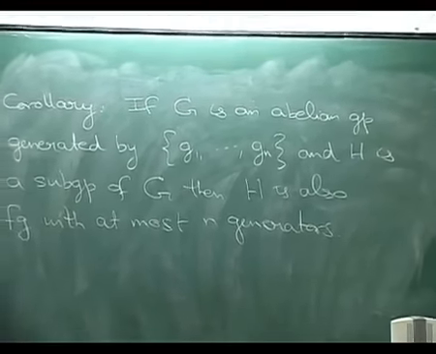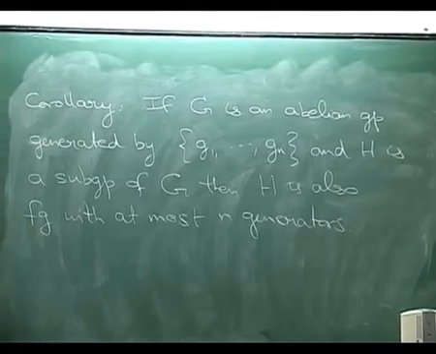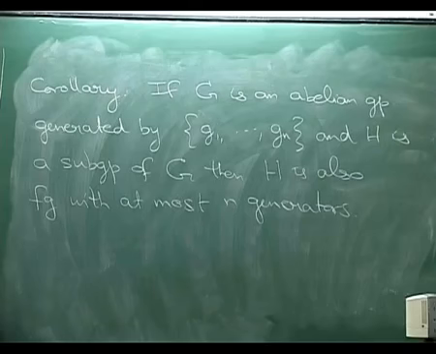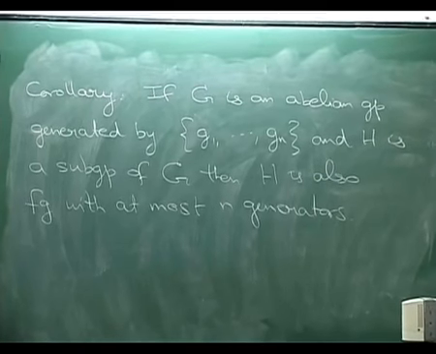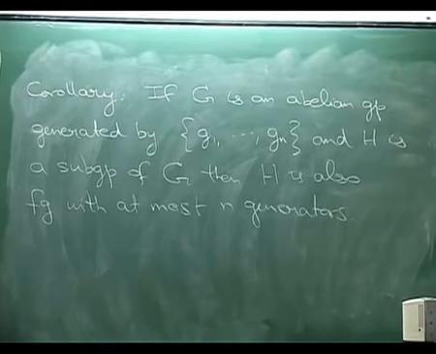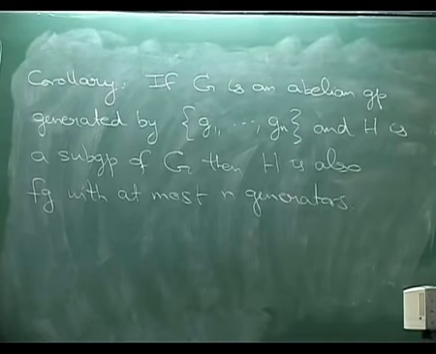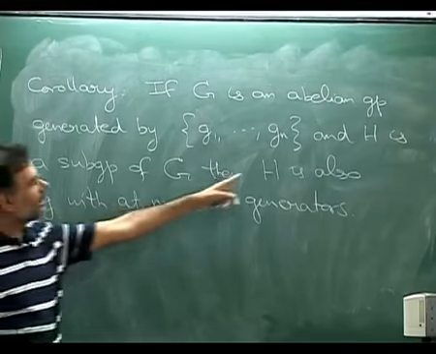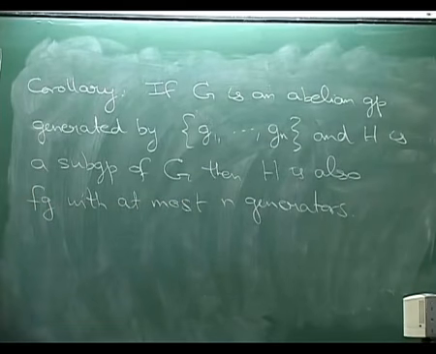See, it is remarkable for the following reason. This result could have been stated right at the beginning. As soon as I told you what finite generation means, what number of generators, all these things once one knows, I can state this result. I can state if G is an abelian group and it has n generators, then any subgroup of G can always be finitely generated with fewer number of generators.